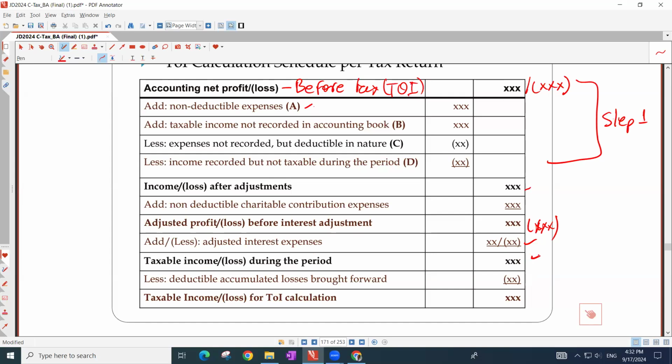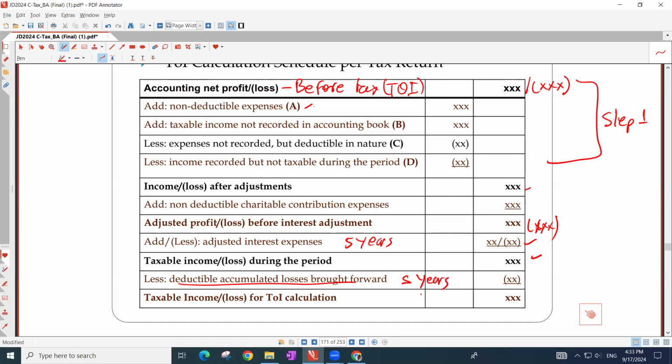Taxable income or loss. Loss carry forward here. Can we carry forward for how many years? Interest can be carried forward for 5 years. How about loss carry forward? No, 2 is incorrect. Repeat, also not correct. Okay, keep increasing. Okay, 5 years. Interest, 5 years, loss also 5 years.